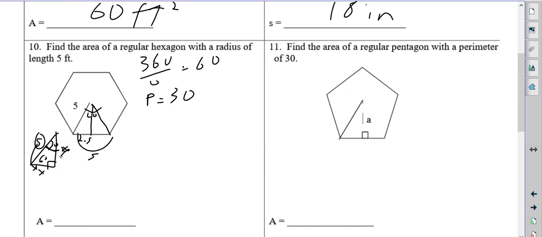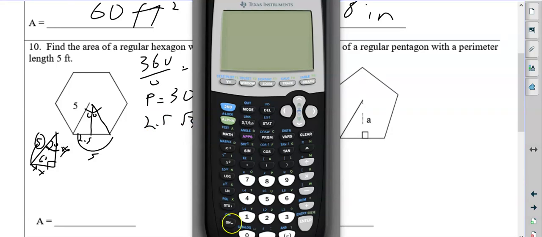the apothem. So remember, from the small side to the medium side, we multiply by radical 3. So 2.5 times radical 3. And we get 4.33.